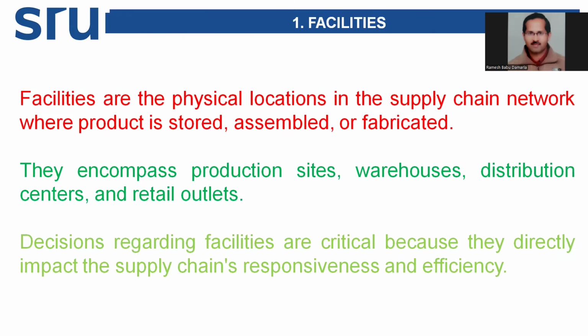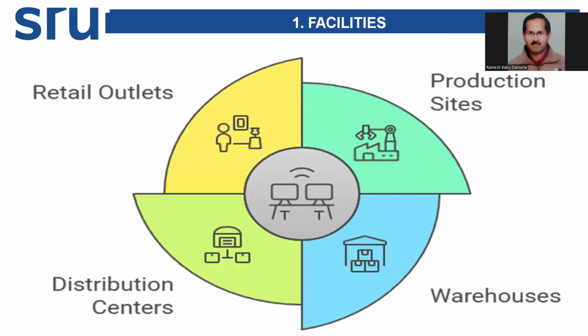Say a distribution network point is close to the retail points, then definitely responsiveness will be good and faster, and efficiency will be better. If a manufacturing plant is near to the raw material source, transportation cost will be low, so it is benefited there. Similarly like that.